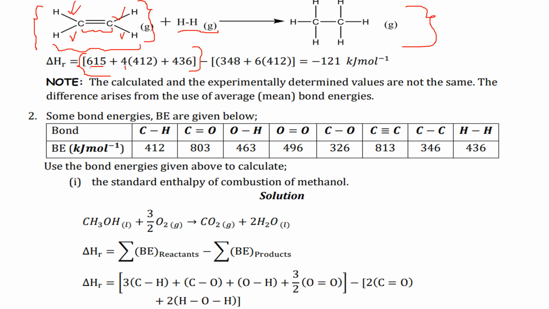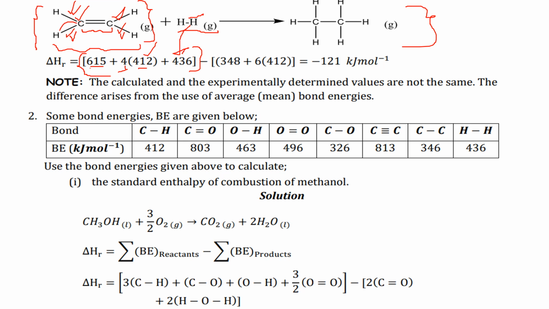But here you are seeing 4 multiplying 412. Now remember that 412 is the bond energy for the carbon to hydrogen bond. If you look at this structure of the alkene, ethene, we have 4 carbon to hydrogen single bonds, so that's why we multiplied 4 by the energy term of the carbon to hydrogen bond. And then the other term that we have in the reactants is the hydrogen to hydrogen bond, which was given as 436 kilojoules per mole.